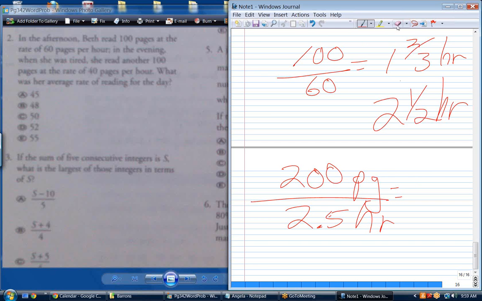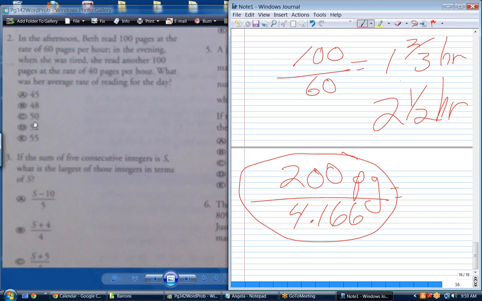Excuse me, not 2.5. 4.16. Yes. And you can certainly come up with, even though that's a bit of an approximation because it's 4.166, that will narrow it down close enough to pick from these numbers. Okay.